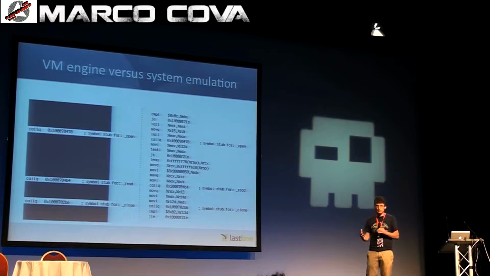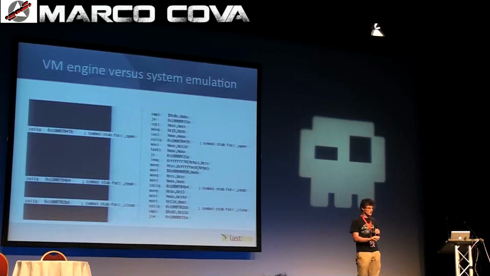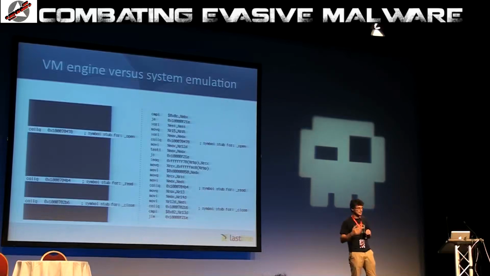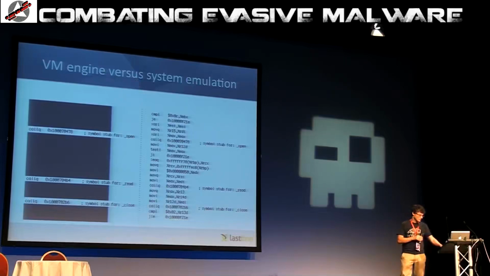And of course, if the malware realizes that it's running inside a sandbox, it will not do anything malicious, so that the sandbox thinks that it's indeed a benign application, whereas on a real end user's machine, it will do all the malicious activity that it's been programmed for.